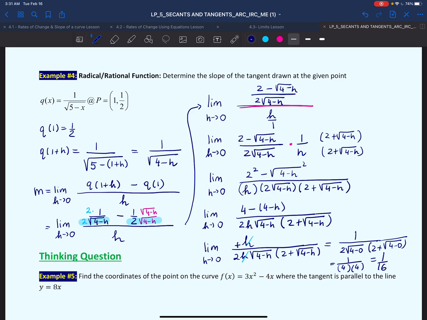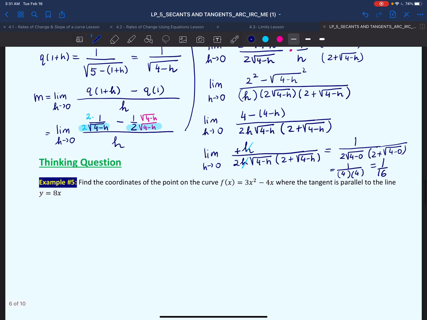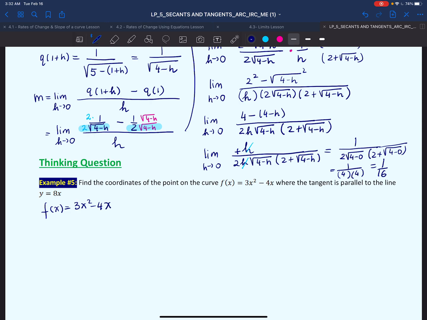So in the next example, we're going to take a look at the equation of some function. We want to find the point where the tangent will be parallel to the line y equals 8x. So this is a thinking question. First write the information: f of x equals 3x squared minus 4x. We want to find where the tangent is parallel to y equals 8x.